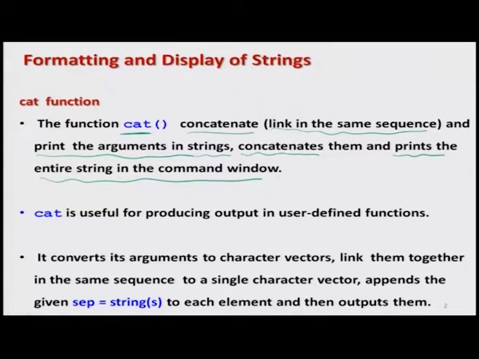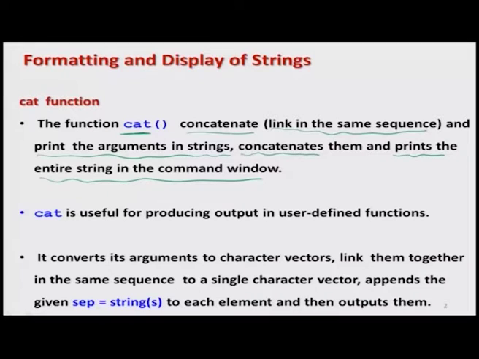So, you can see that cat is a combination of print and formatting, but there is an additional thing that it can format the required output. That is the difference between print and cat commands.